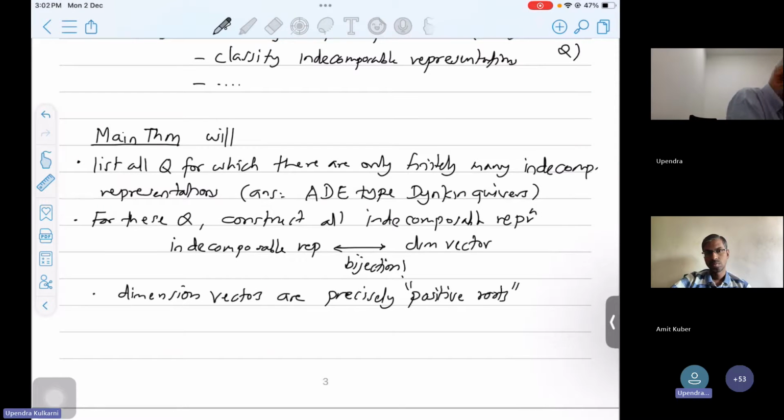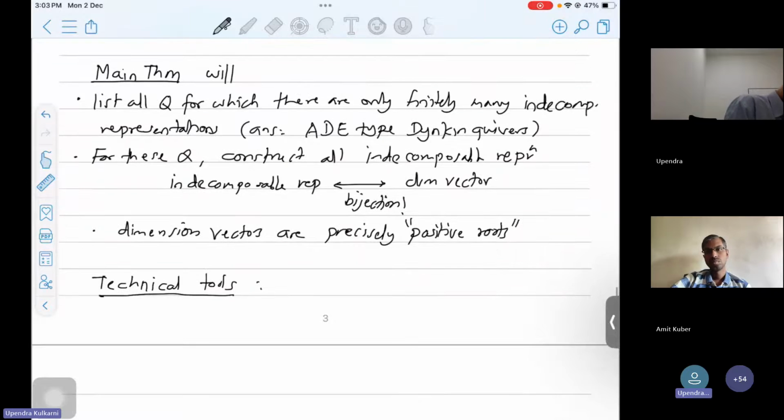So I said the main question that we are going to ask and the main theorem that we are going to prove. And so let me list the technical tools that we will learn along the way, which are very important.